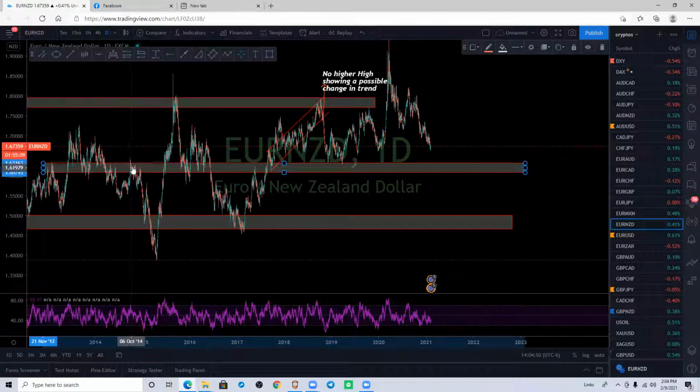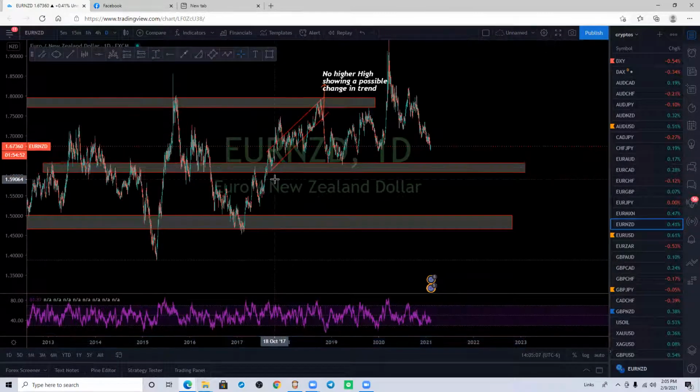So you can see here price was rejected. It was rejected here. It came down, stopped here. When it went below, it stopped here, here, right here, all this, right here. You just got to balance it out.